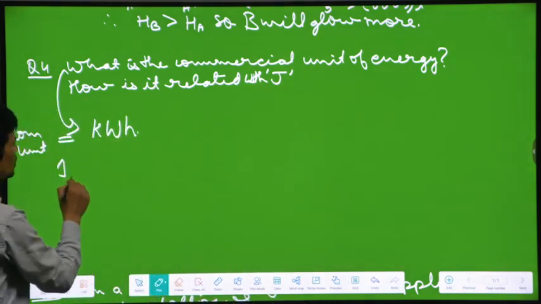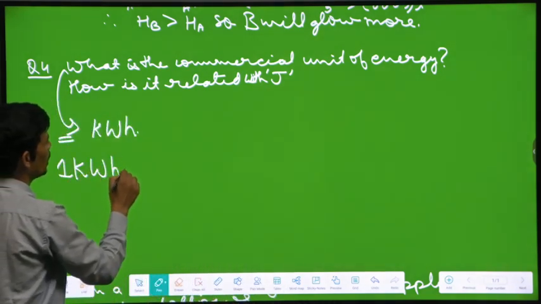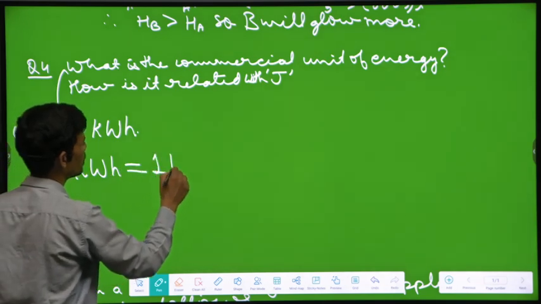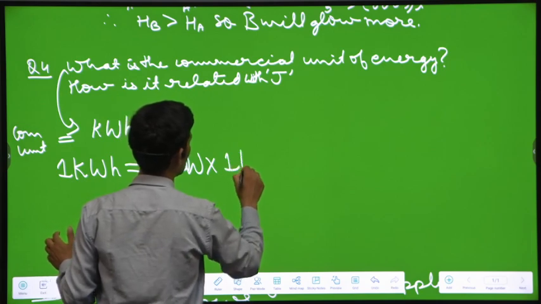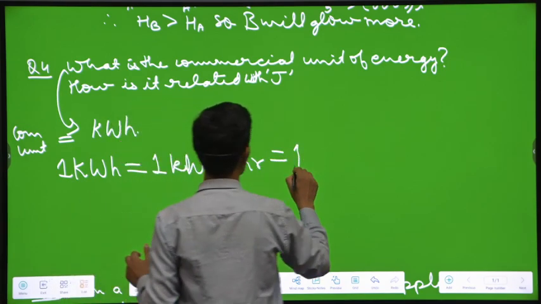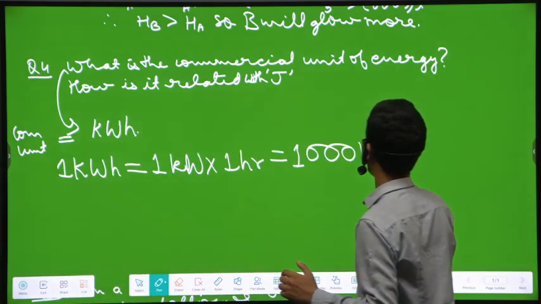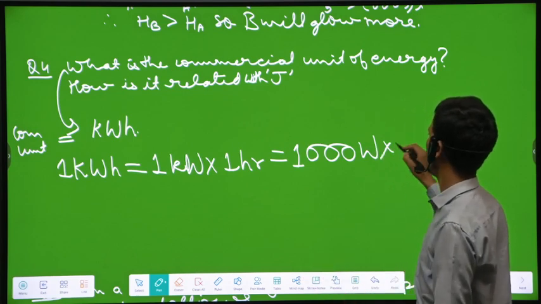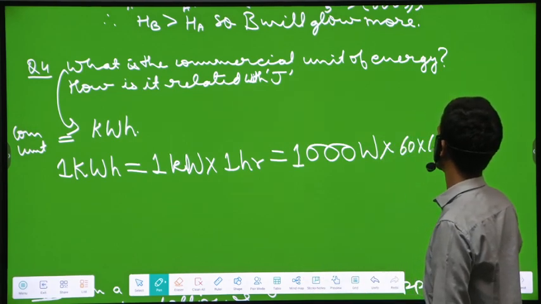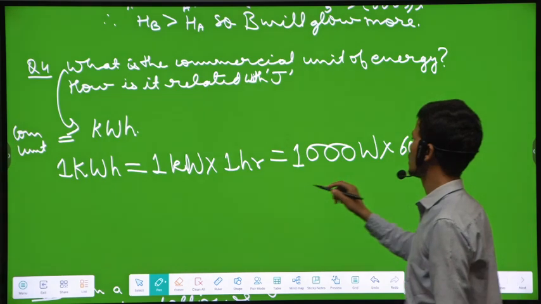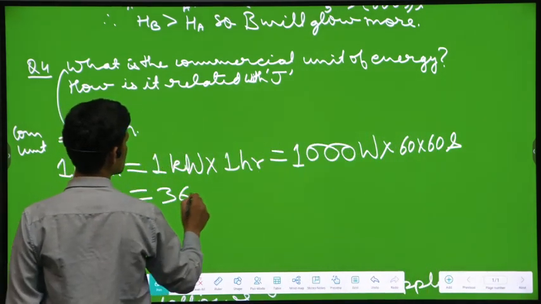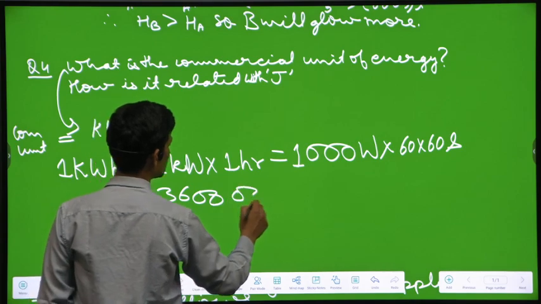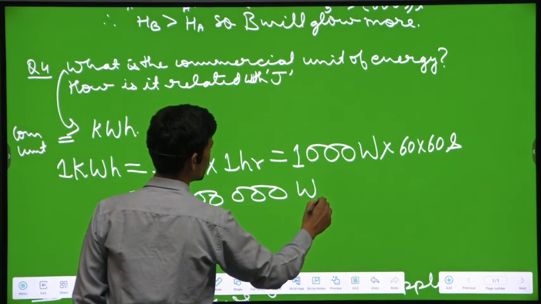So 1 kilowatt hour is equal to 1 kilowatt multiplied by 1 hour, which is equal to 1000 watt multiplied by 1 hour, that is 60 into 60 seconds. So it is 3600 and then 3 more zeros watt second.